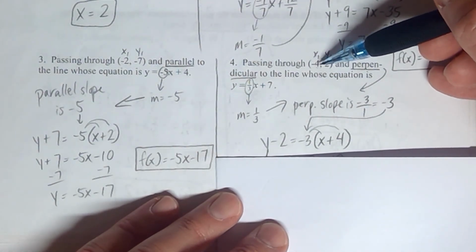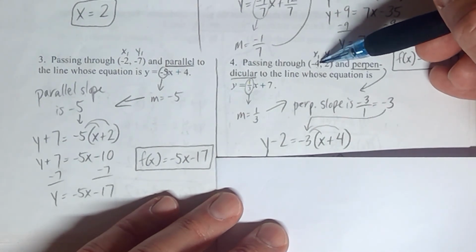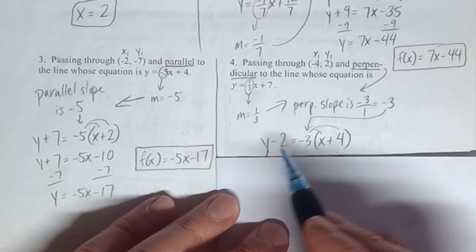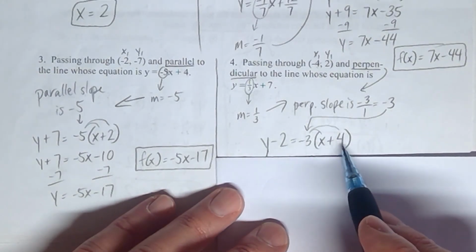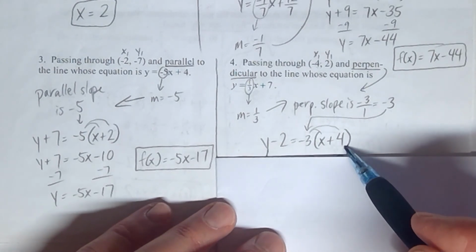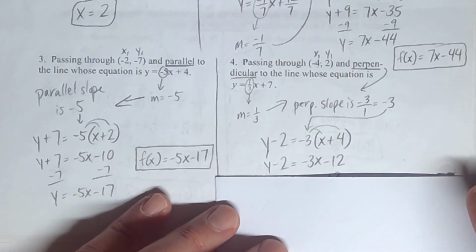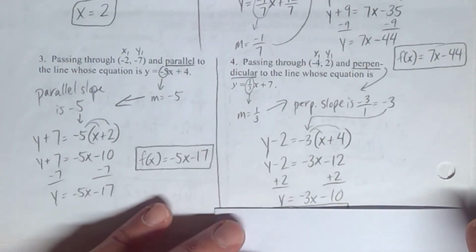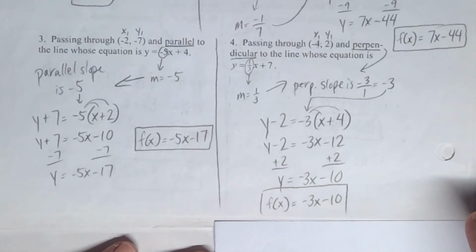So you can't say that b is equal to 2 unless this number is 0. So we use this formula instead. Okay, remember it's plus 4 right here because it was minus negative 4. All right, we distribute, move over the 2, and finally what? We finally change y to f of x.